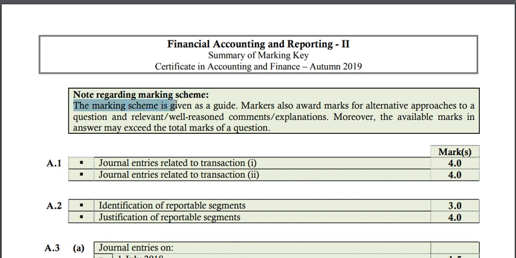You can see here, the marking scheme is given as a guide. Markers also award marks for alternative approaches to a question and relevant well-reasoned comments and explanation. Moreover, the main point is this: the available marks in an answer may exceed the total marks of a question. This is the golden chance to score.